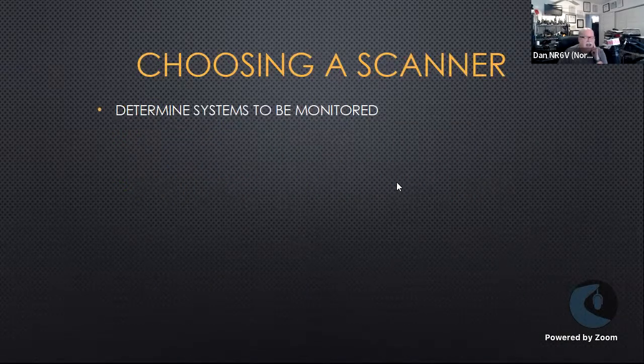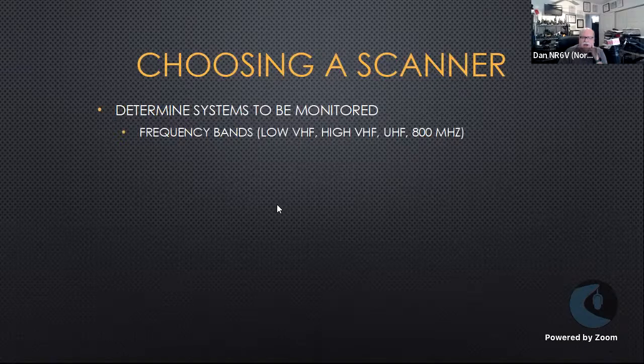So how do you pick a scanner for your location? First thing you need to know is what frequency bands your area uses, and it may be more than one.